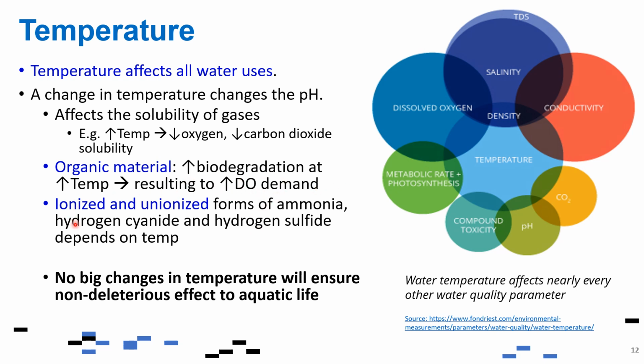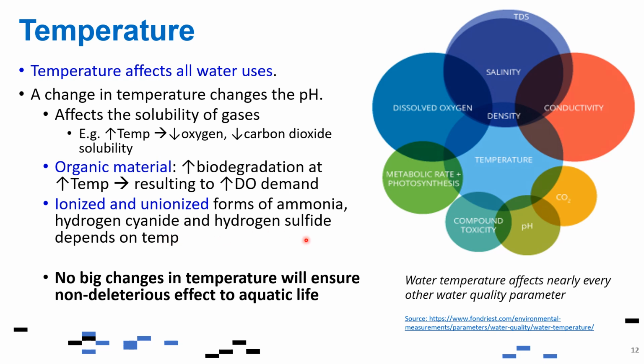And some biological and chemical forms are also changed with the change in temperature. As I've mentioned previously with the change of pH, for example, the ionized and unionized forms of many chemicals like ammonia, hydrogen cyanide, and even H2S, hydrogen sulfide, also change with the temperature of the system.